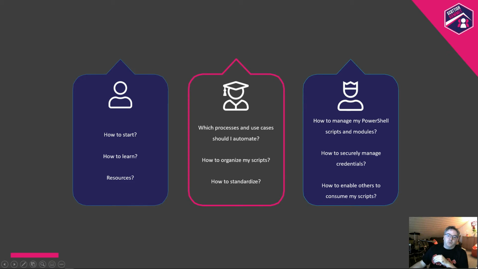And so what I want to focus on is really the parts more on the right side, where we assume that you already have started to play around with PowerShell, maybe wrote a few scripts and are familiar with the command line.